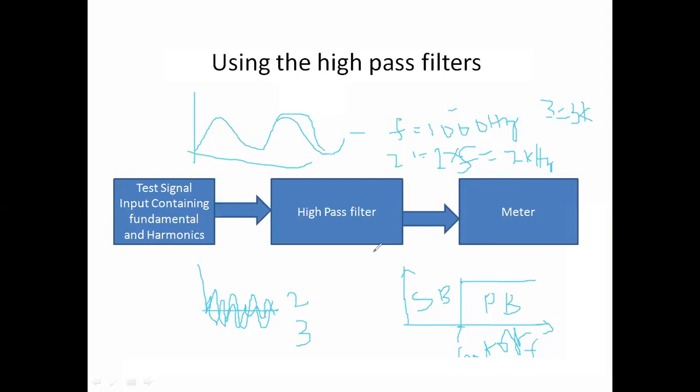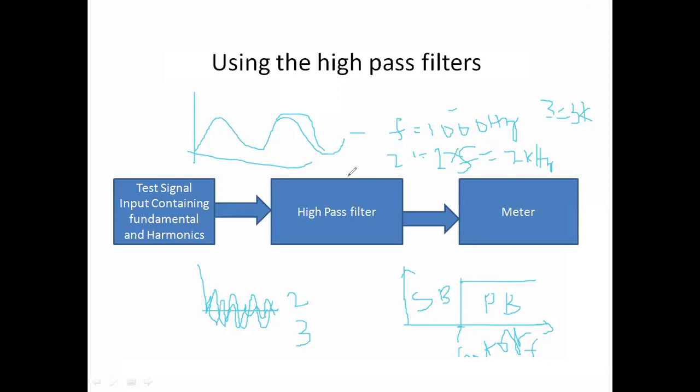Okay, so in this way we can explain it by using a high pass filter. The main concept is suppressing the fundamental frequency. We don't want the fundamental frequency; we need the distortions which occur in the harmonic frequency signals.